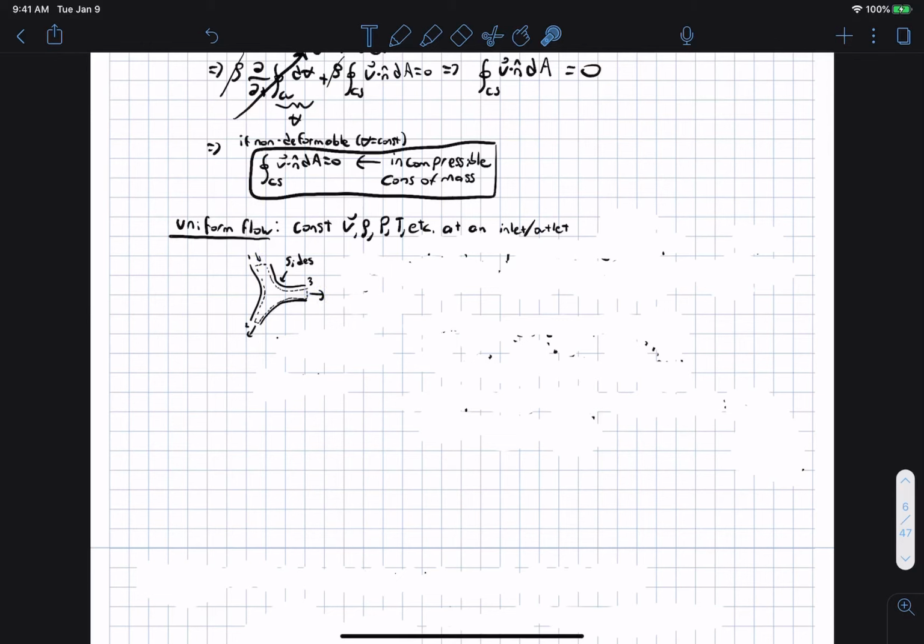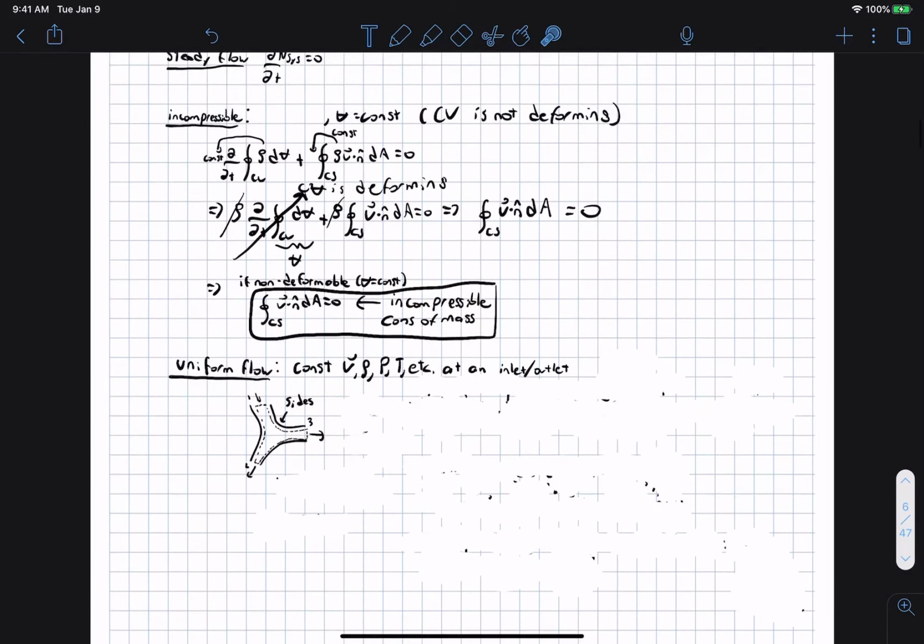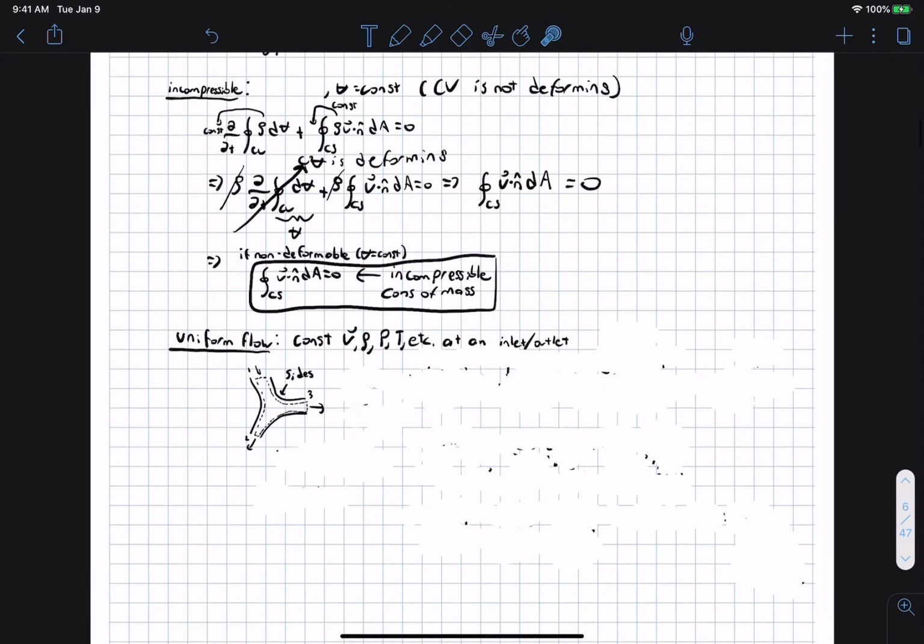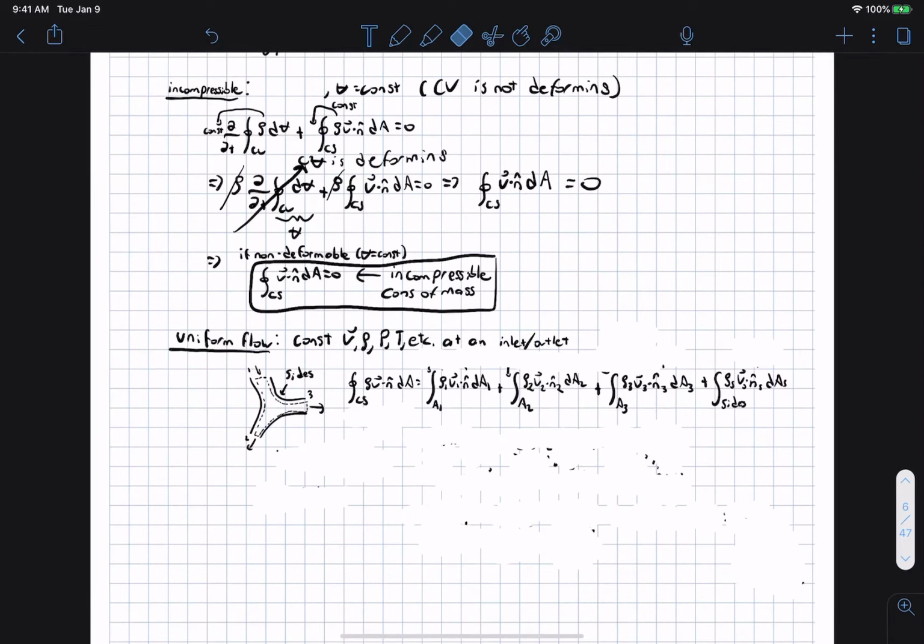If we are to find the surface integral of rho V dot n hat dA over this, we would need to walk over the entirety of the surface and accumulate all of these pieces.